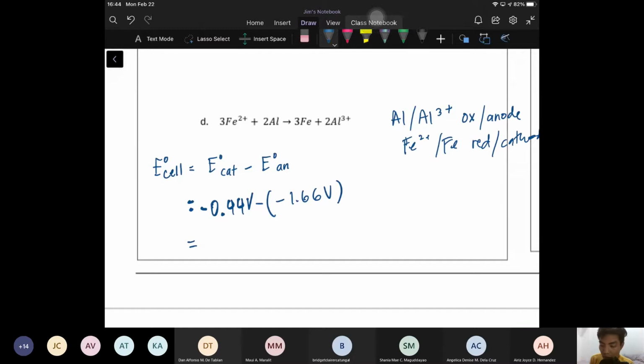That will be negative 0.44 minus negative 1.66. The cell potential for this equation will be 1.22 volts. No? So yan yung amount ng voltage na kaya i-produce ng reaction na to. Okay. So kapag 1.22 volts, that can actually power a small LED light.